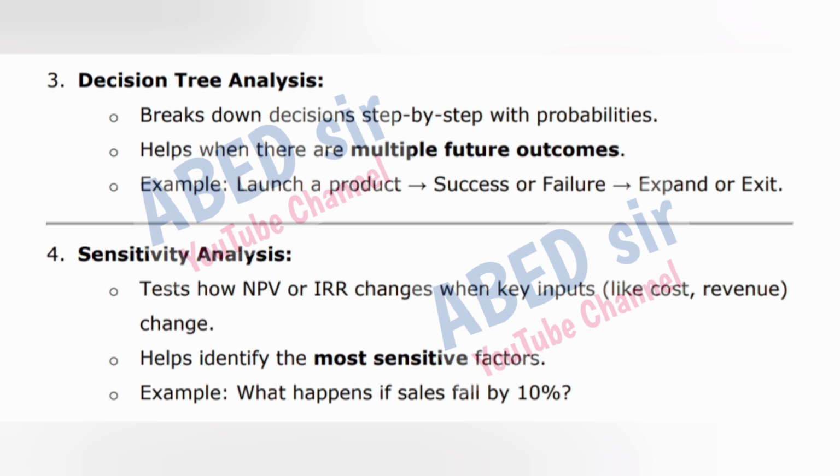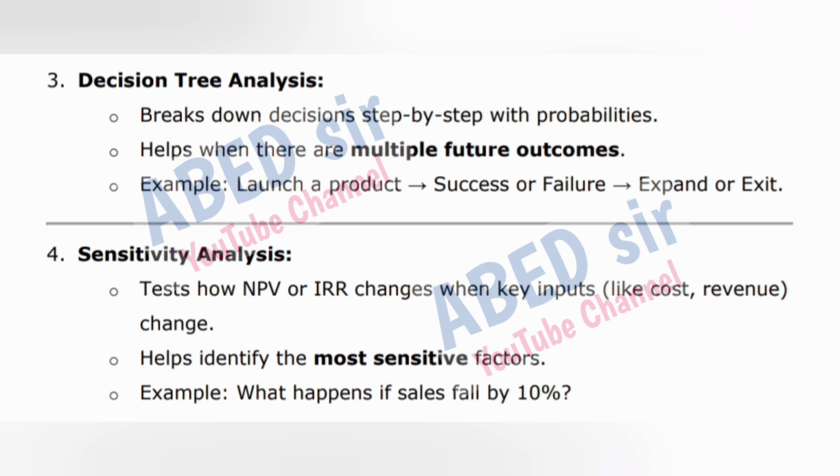3. Decision tree analysis. Breaks down decisions step by step with probabilities. Helps when there are multiple future outcomes. Example, launch a product, success or failure, expand or exit. 4. Sensitivity analysis. Tests how NPV or IRR changes when key inputs, like cost or revenue, change.